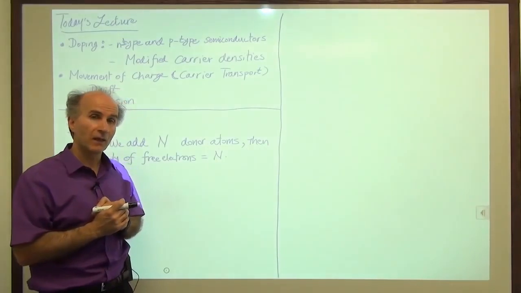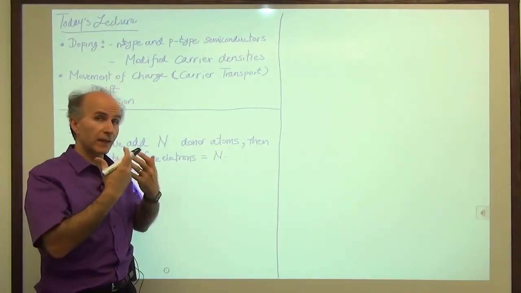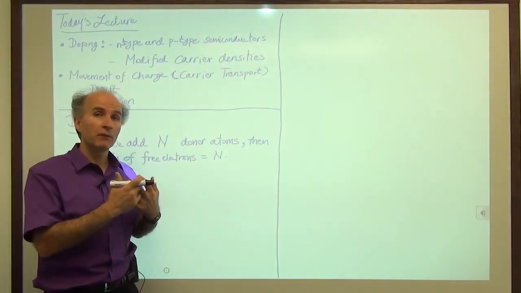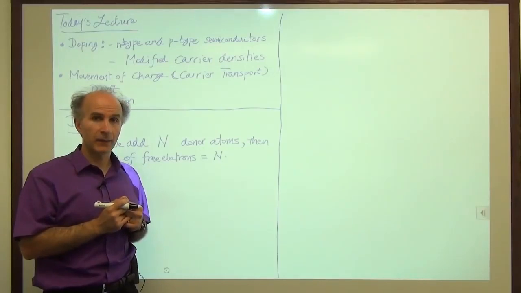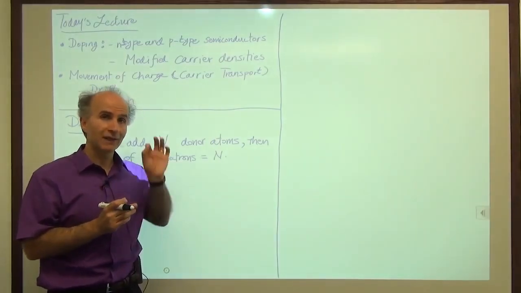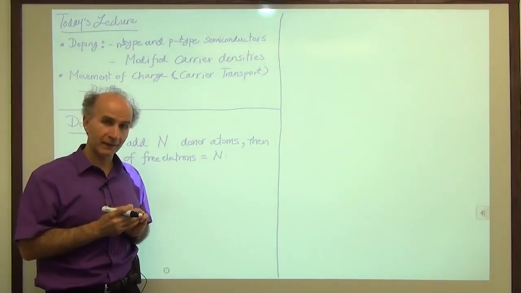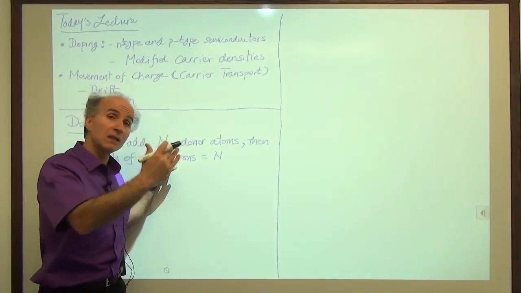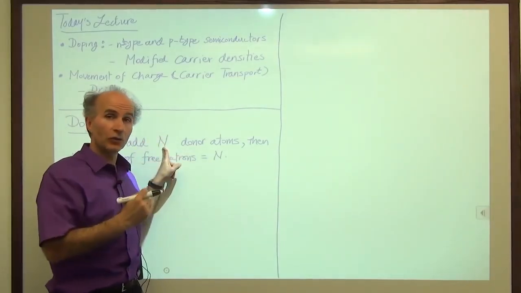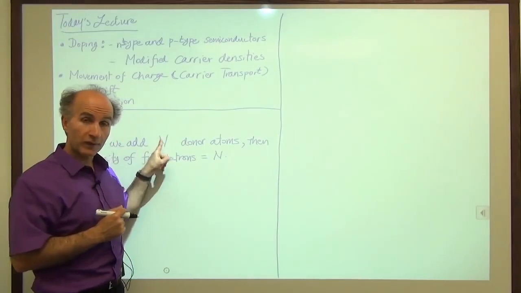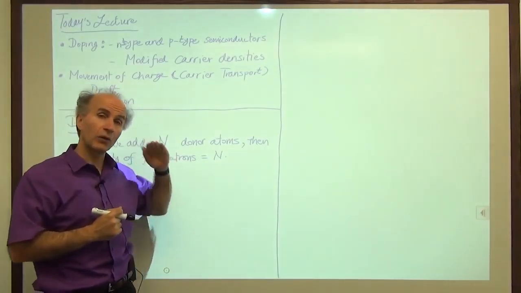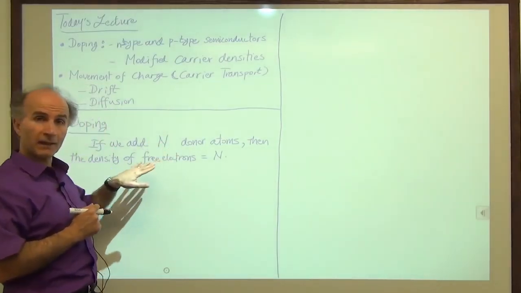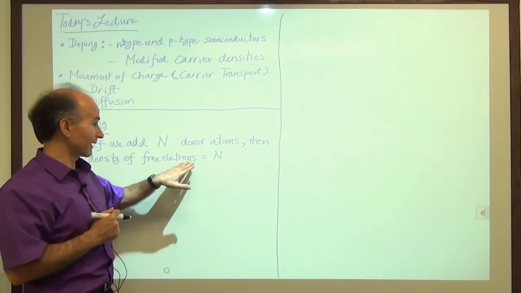The assumption is that the number of donor atoms that we add is much higher than the original free electrons that pure silicon had. Remember, pure silicon had 10 to the 10 electrons per cubic centimeter. In practice, when we add this, we add something like 10 to the 15 or 10 to the 17 donor atoms per cubic centimeter. So this number is so much higher than the original Ni that with a very good approximation, we can say the number of free electrons per cubic centimeter is n.